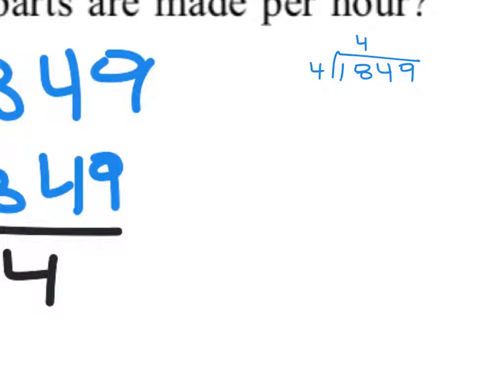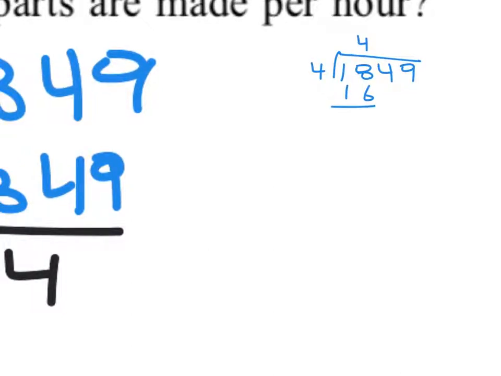And we go 4 goes into 18 4 times is 16. Four goes into 24 6 times. That is 24. And down to 9. 4 goes into 9 2 times. That's 8. 1 left over.